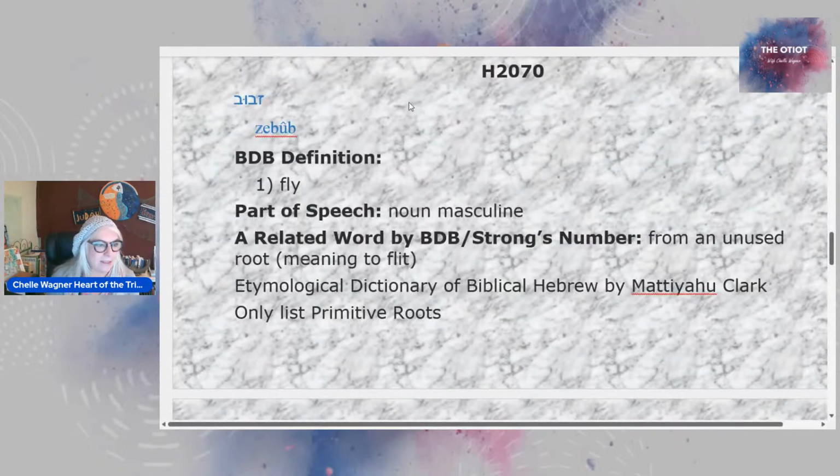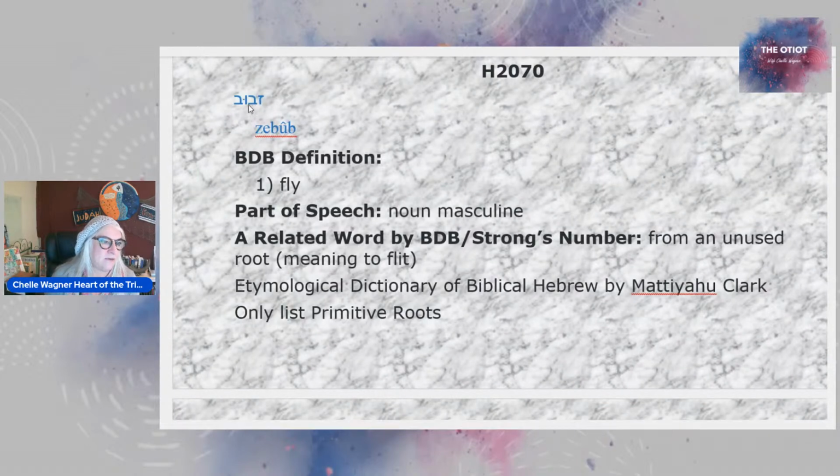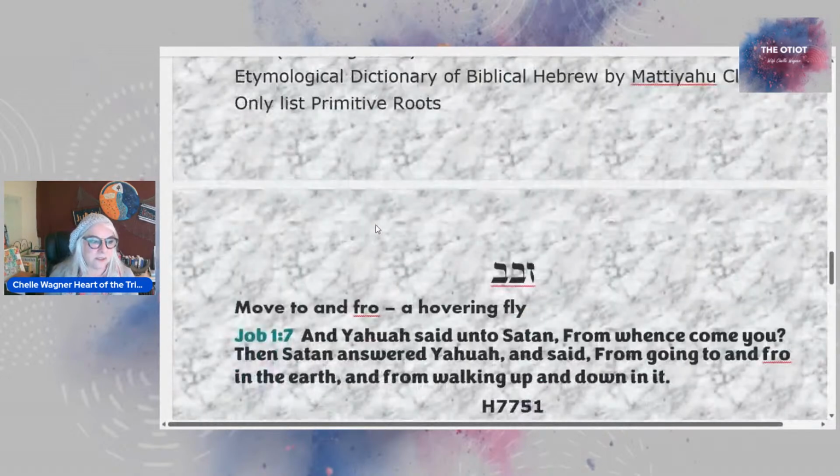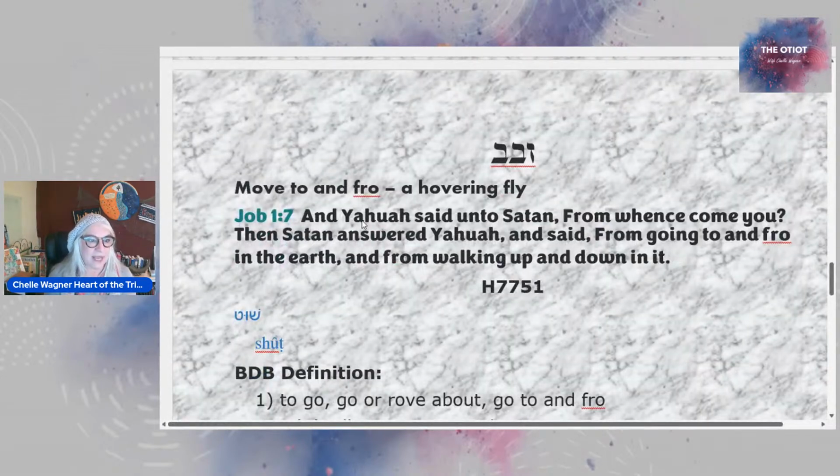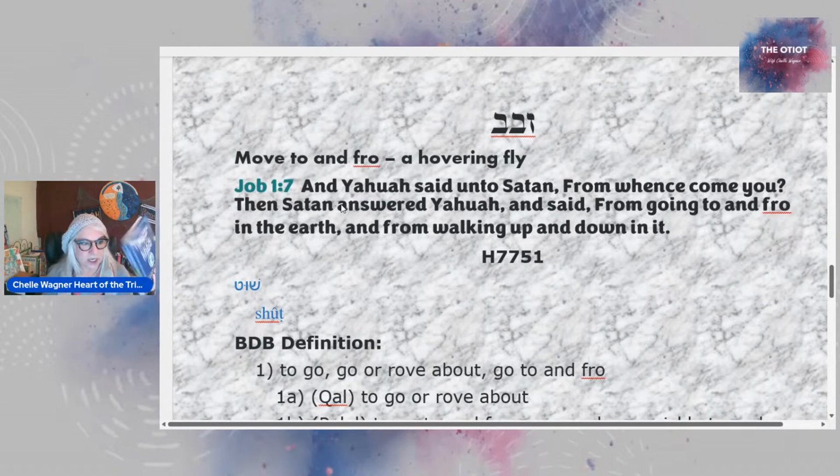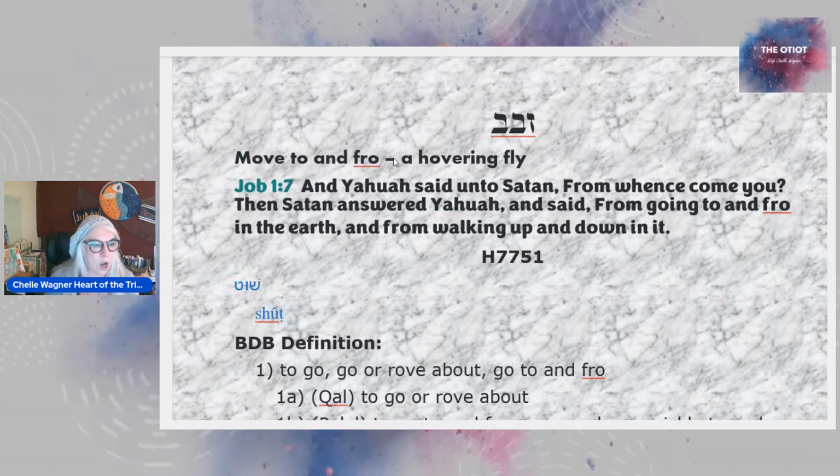See here, we've got the zayin, vav, bet. When I took it to the root, and when I looked it up in this book, here's what it says. It says to move to and fro, a hovering fly.